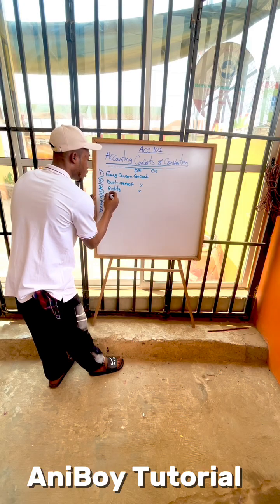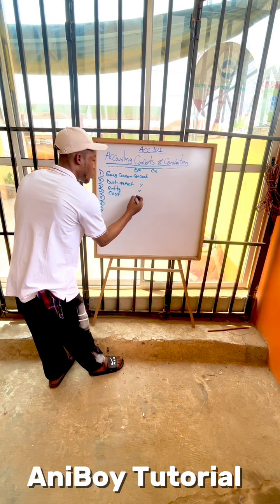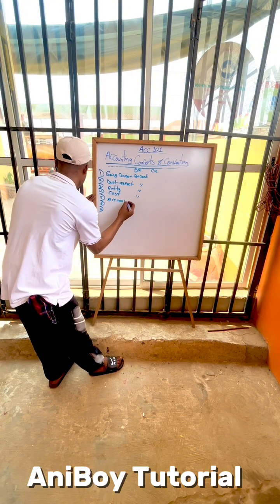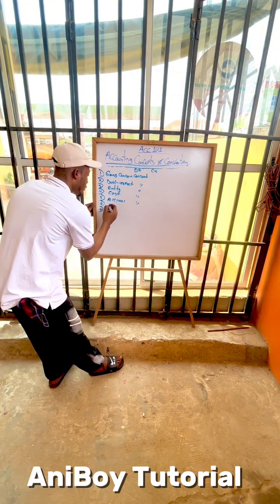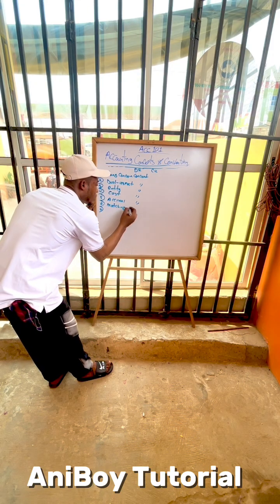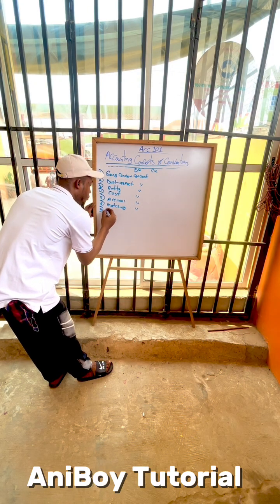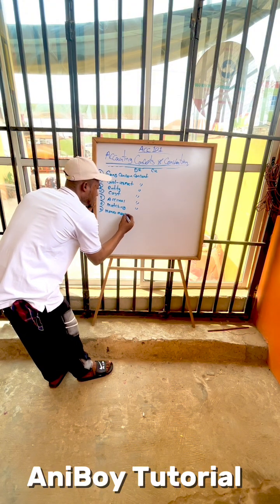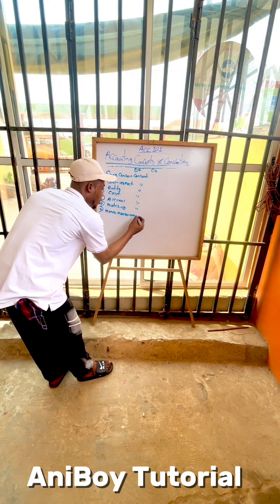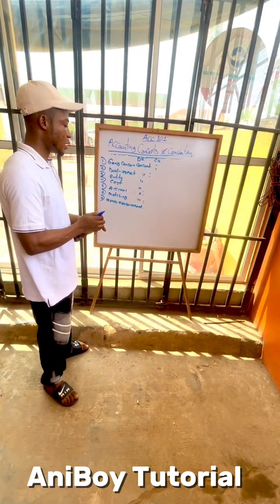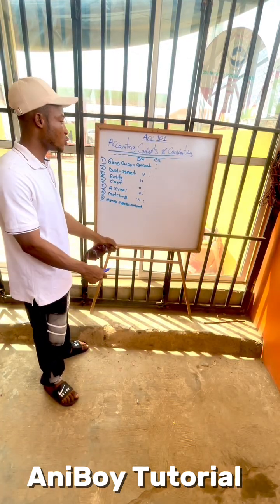We have the cost concept. We have the accrual concept. We have the matching concept, and we have the money measurement concept. So these are the 7 accounting concepts I'm going to be giving explanation to in this video.